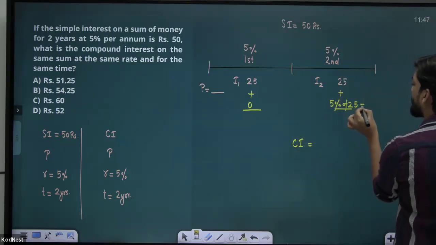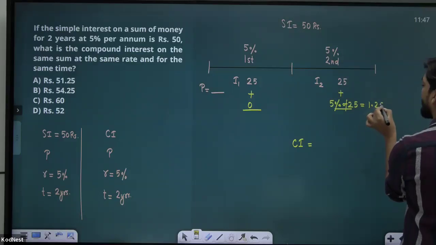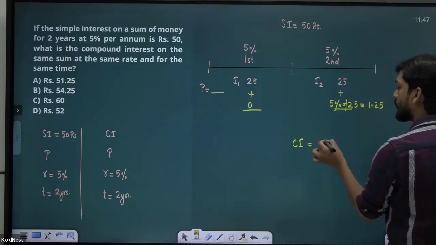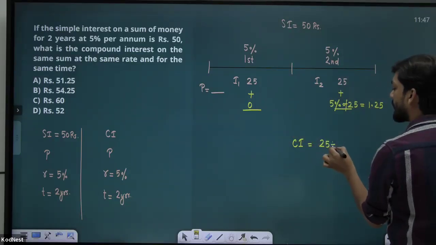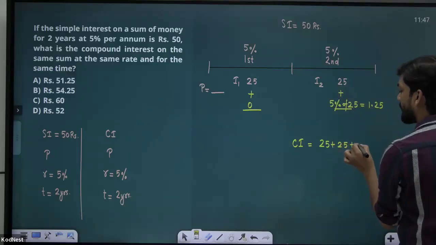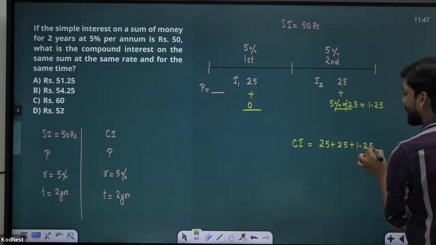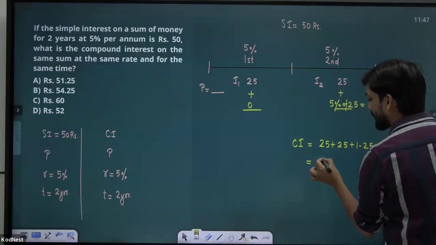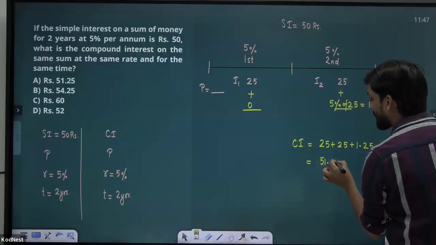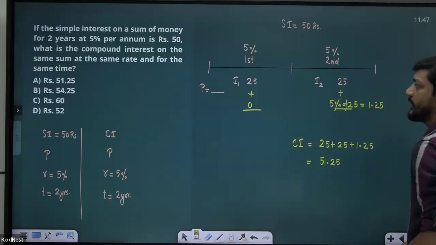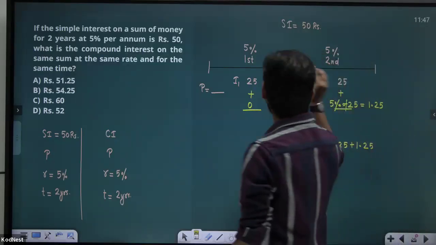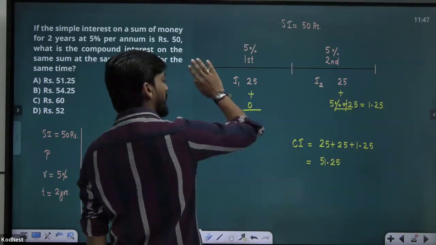So this will come out to be 1.25. And this total comes out to be 25 plus 25 plus 1.25, so 51.25.